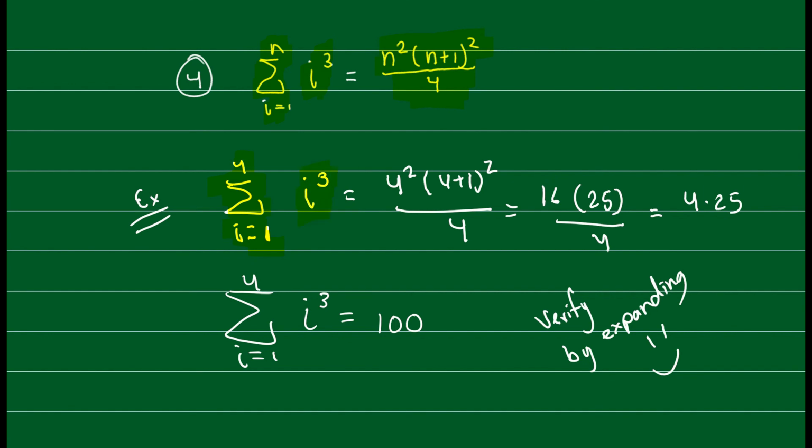Well, let's just plug in the n value: 4 squared times (4 plus 1) squared over 4 is equal to 16 times 25 over 4. 16 over 4 is equal to 4, so it's 4 times 25. The result is 100. You can go ahead and verify that by expanding, but remember the formula is way easier if I ask you to give me the summation of the first 100, 1000, 10,000 terms. Imagine that, crazy.